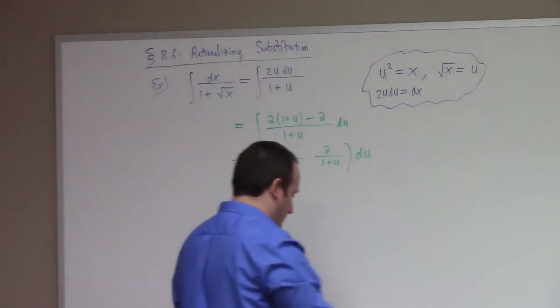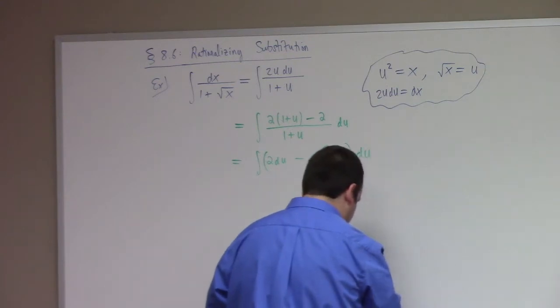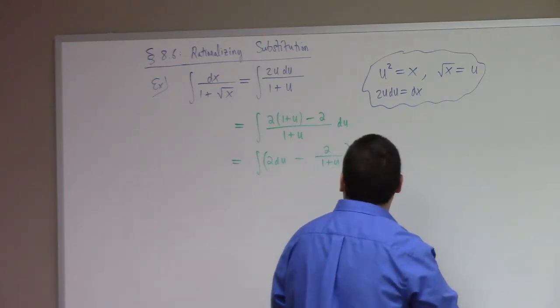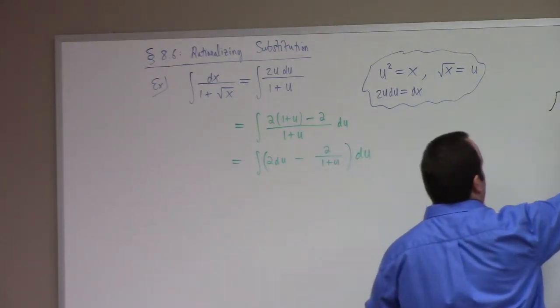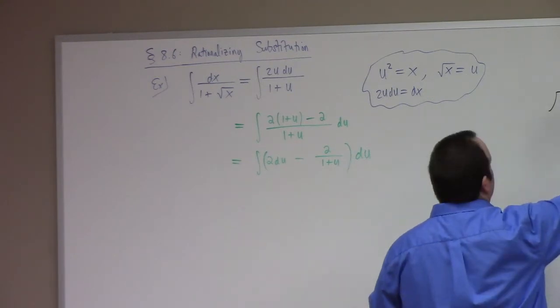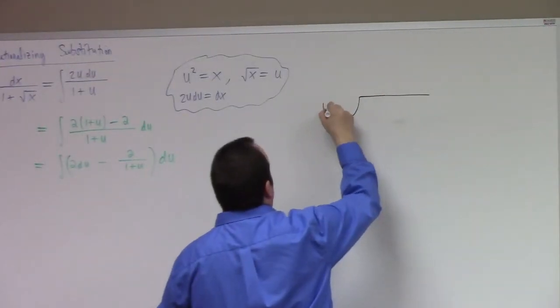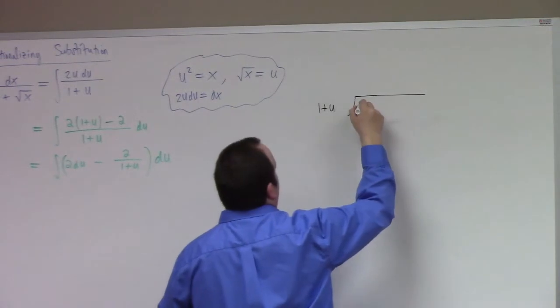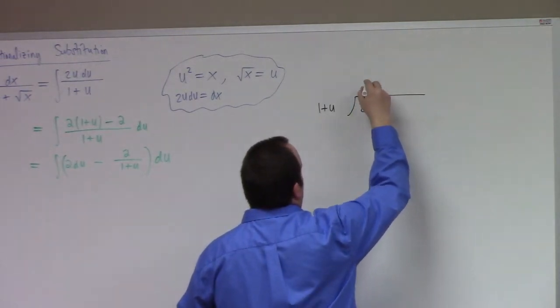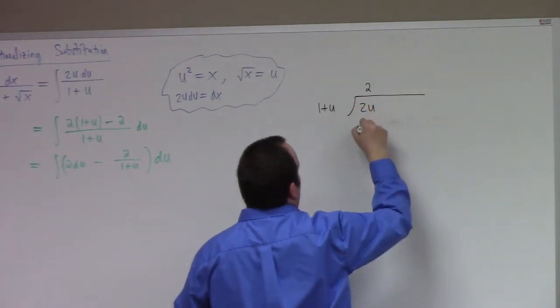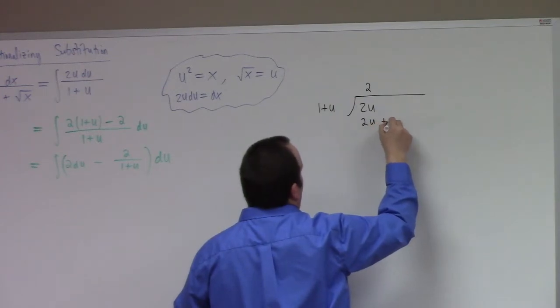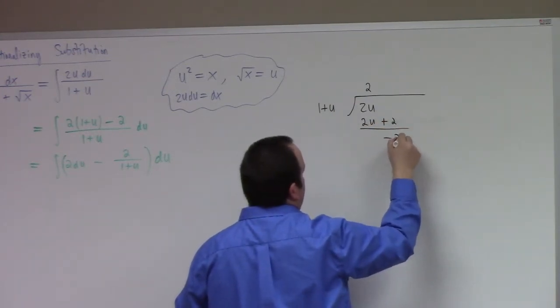You're like, what? Fine. If you insist, we can do the long division. So we're dividing by 1 plus u. And so I get what? I get 2. So my remainder is minus 2.